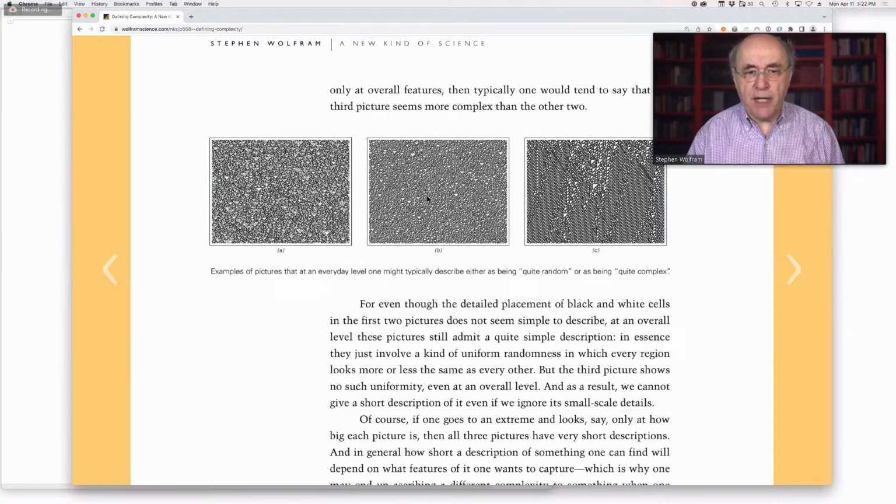And when we look at these pictures, we might say, well, those first two pictures, yeah, they're kind of random, but how complex are they? It depends a little bit on what we want out of these pictures. If what we want is to say roughly what's going on in that picture, a question like, is the average number of black cells or white cells 1/2?